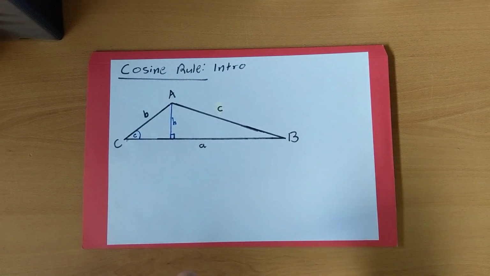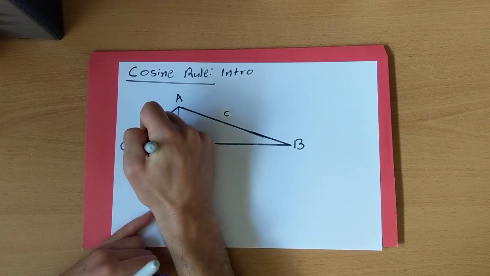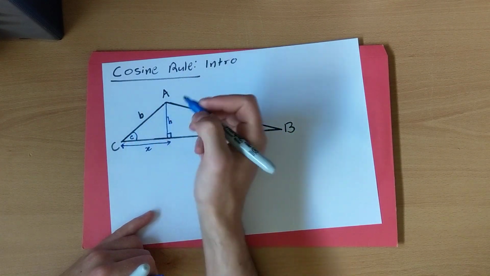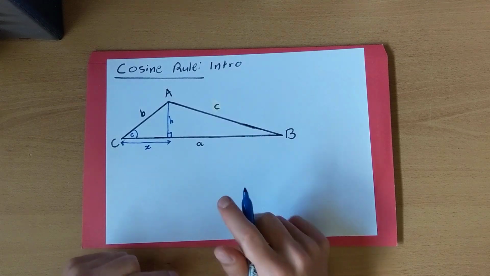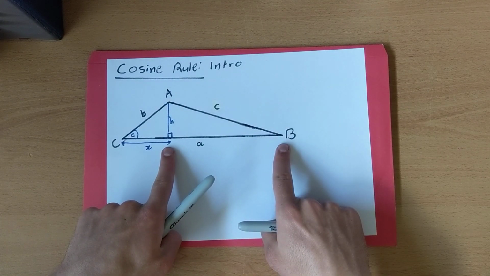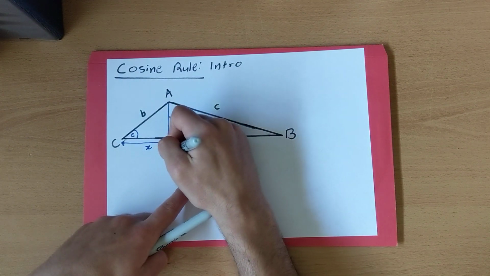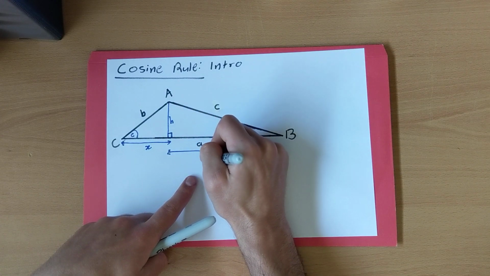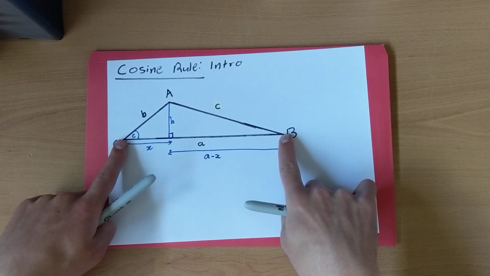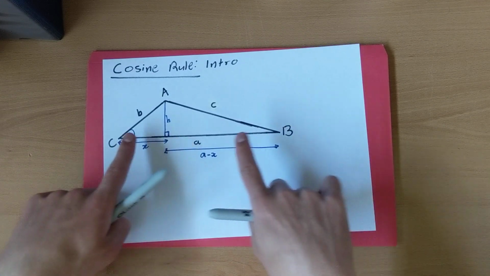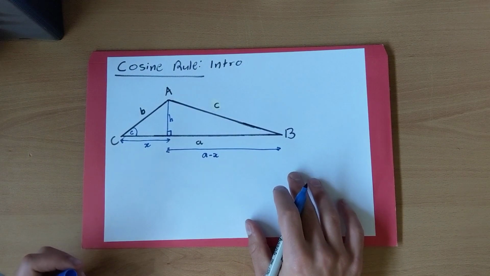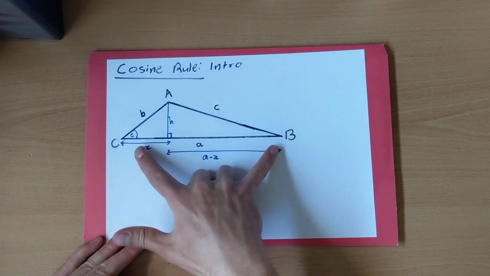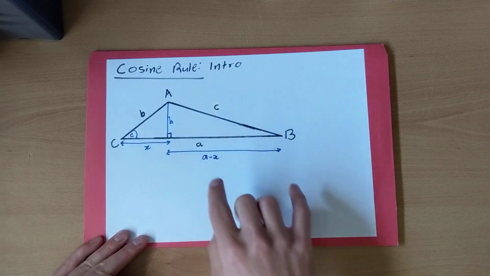So because it's an unknown, we're going to label that bit X. And if that is X, then this chunk over here would be a minus x, because this whole thing is a, and we take away that X bit. So now I've got this angle, I've got this perpendicular height, and I've split up my a side of the triangle into x and a take x.